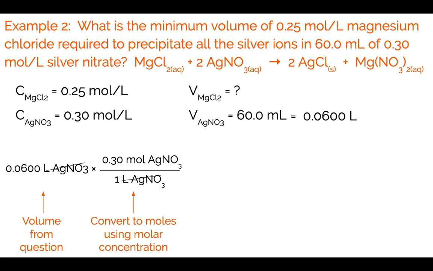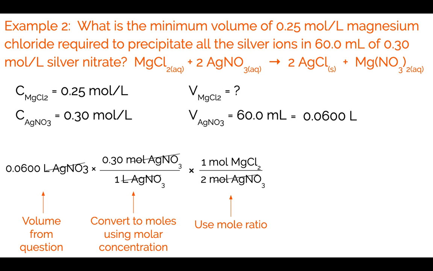Liters cancel. Now we're going to use the mole ratio. So we're trying to find a volume of magnesium chloride. So we're going to convert to magnesium chloride. So 1 mole of magnesium chloride for every 2 moles of silver nitrate. So those cancel. So now we've reached moles of magnesium chloride.